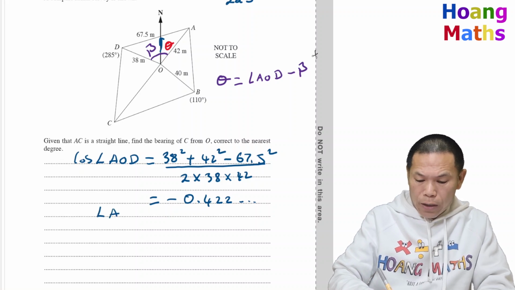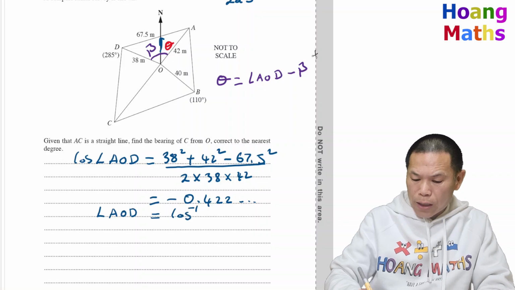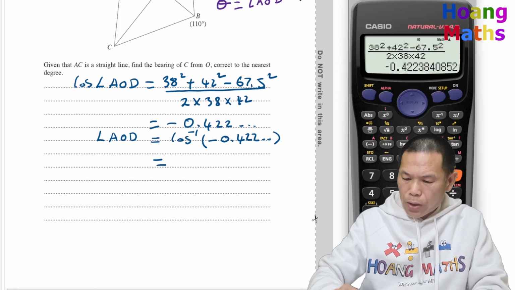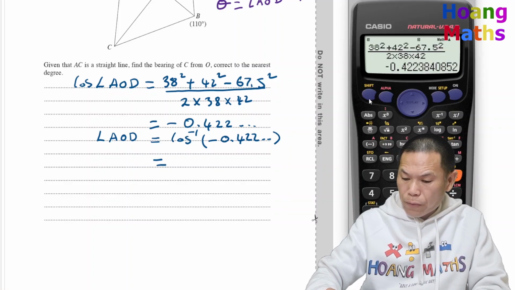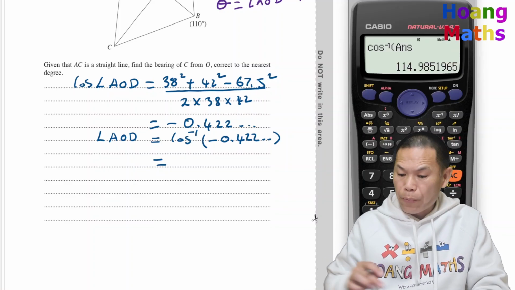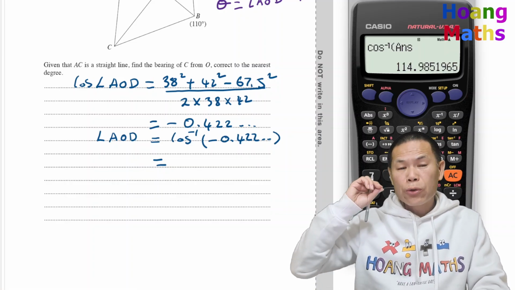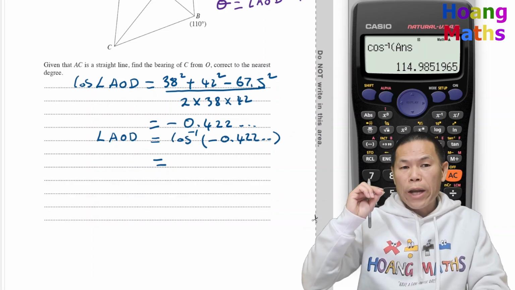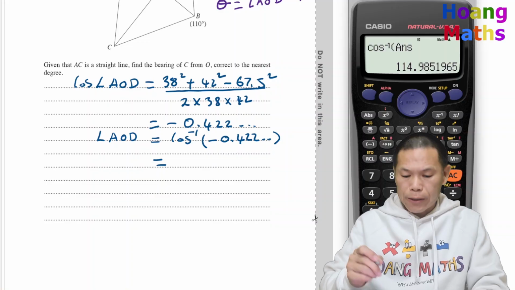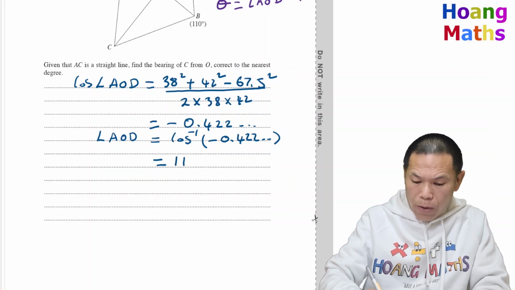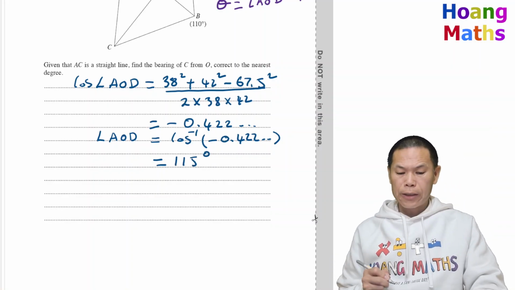Angle AOD equals cos inverse of negative 0.422. That will give me, shift cos, the answer. There you go. Correct to the nearest degree, 115 degrees.